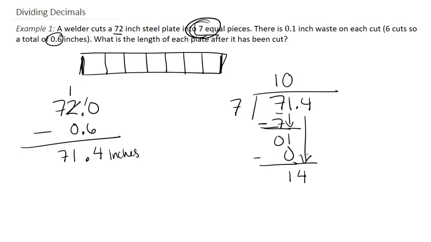And we see that 7 can go into 14 2 times. So we put a 2 above because 7 times 2 is 14. We subtract and we get 0. And then the next and final step would be to bring that decimal straight up. And we would say the total length of each piece is 10.2 inches.